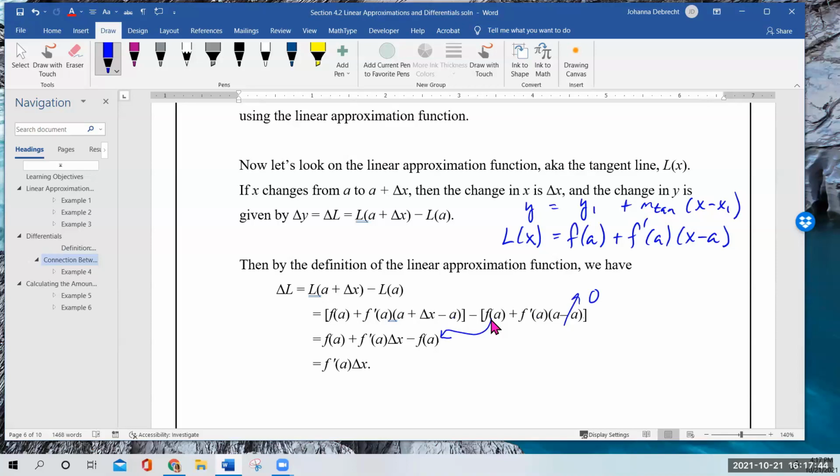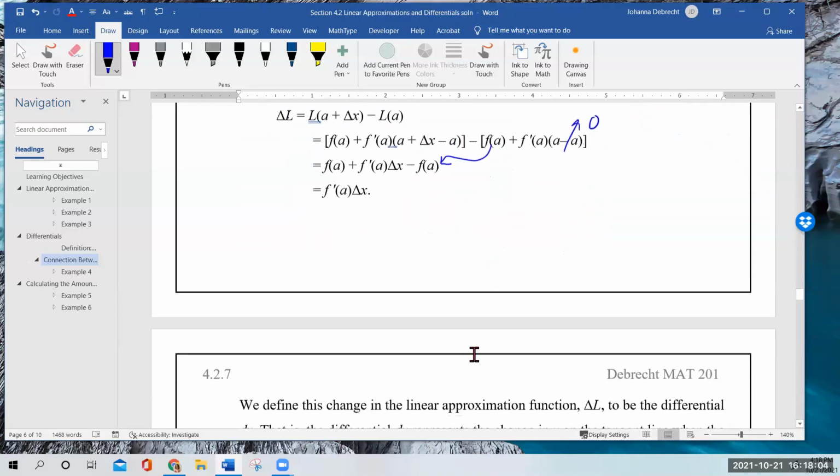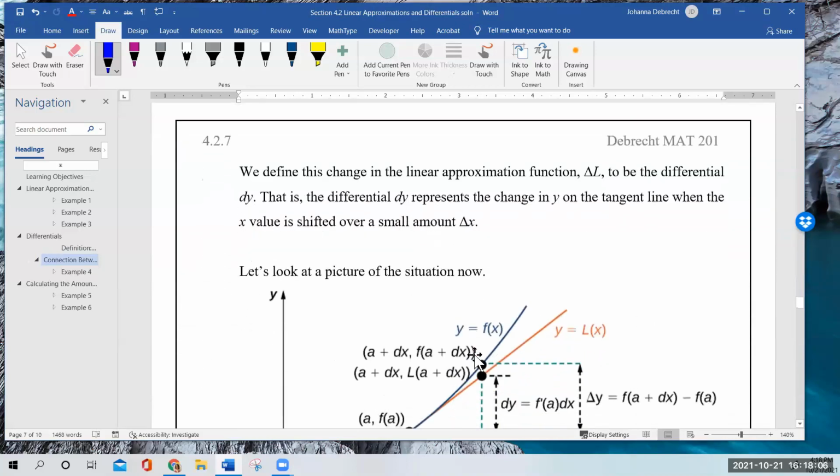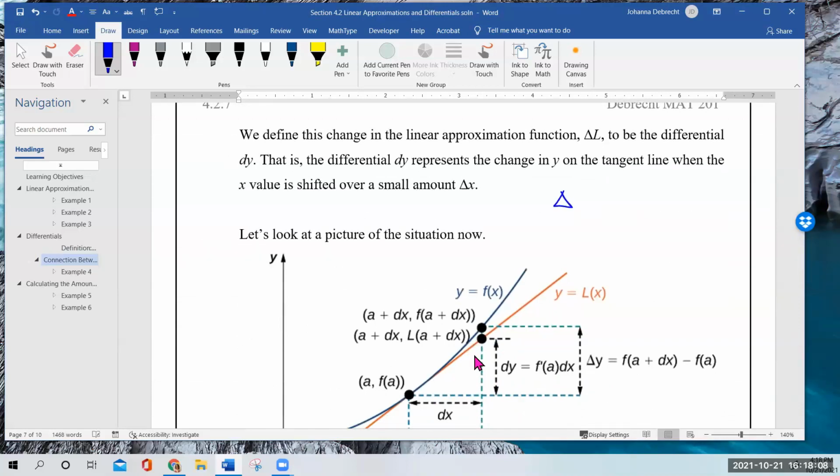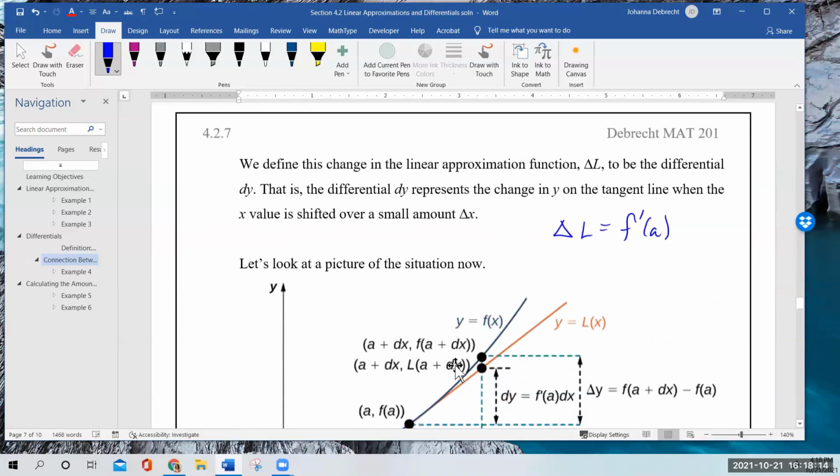So we end up with the change on the linear approximation function being f prime of a delta x. In other words, if we change by the same amount of change in the x function, the change we have in the y value on the tangent line is f prime of a delta x. Let's write that over here. Delta L is equal to f prime of a delta x.